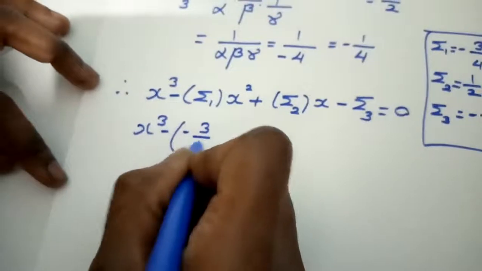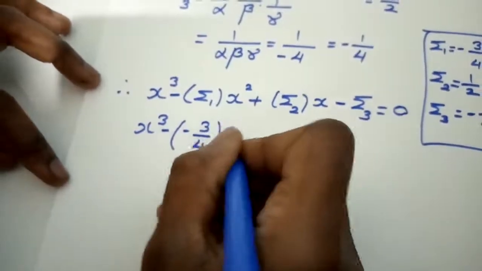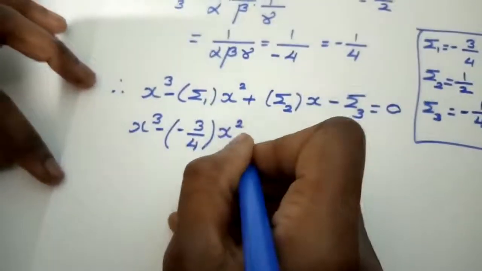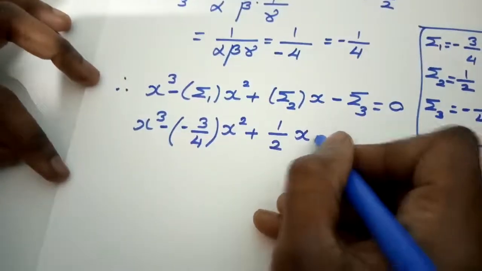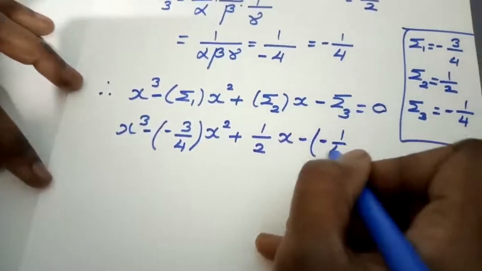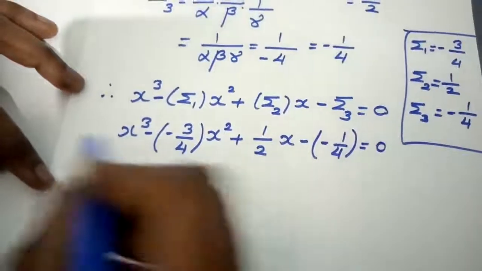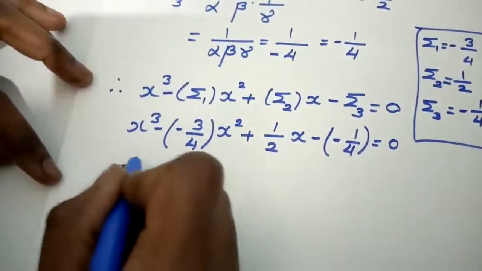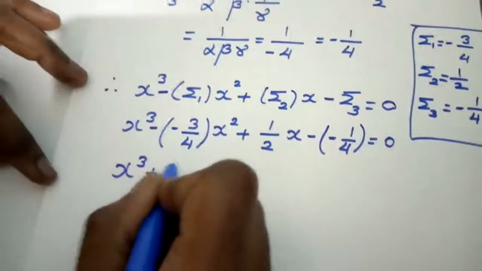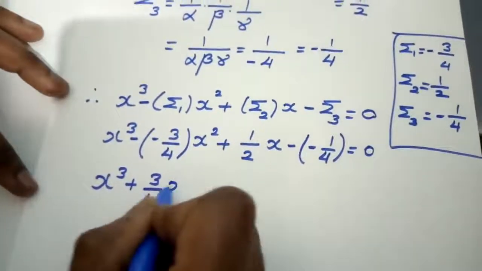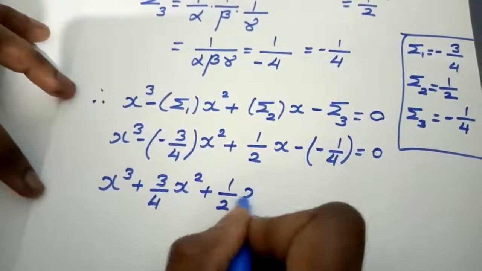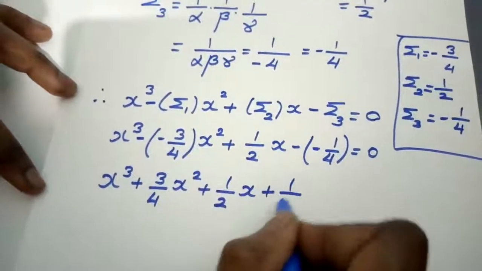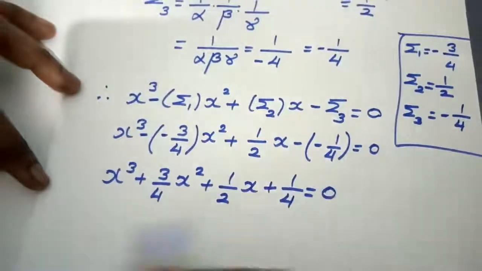Minus 3 by 4 x square plus summation 2, 1 by 2 x minus of minus 1 by 4 equal to 0. You are going to simplify, that is x cube minus into minus plus 3 by 4 x square plus 1 by 2 x plus 1 by 4 equal to 0.